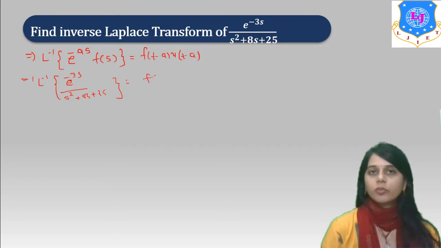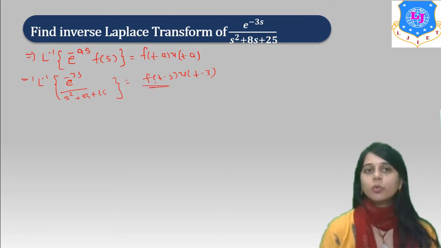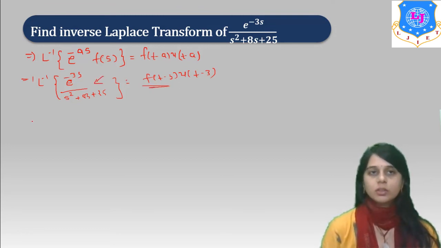We get f of t minus 3, u of t minus 3. Now, what is f of t minus 3? We have to find it from f of s. So we take the Laplace inverse of f of s, the Laplace inverse of 1 upon s square plus 8s plus 25.